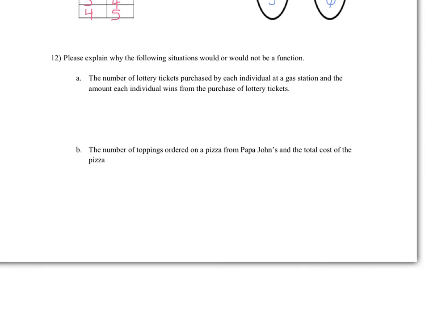Finally, for question number 12, please explain why the following situations would or would not be a function. The number of lottery tickets purchased by each individual at a gas station, and the amount each individual wins from the purchase of lottery tickets. So we're looking and seeing if I buy 5 lottery tickets, could I win $10?